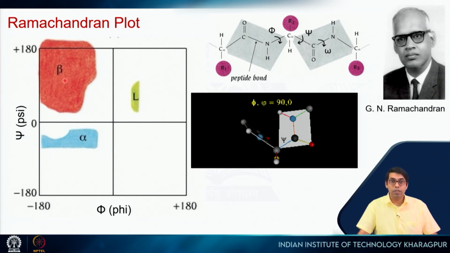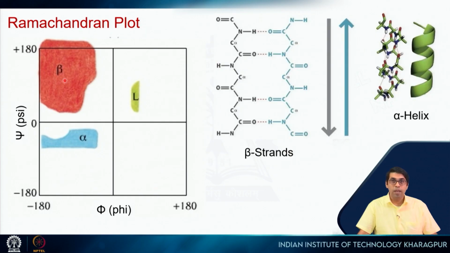When consecutive amino acids have torsion angles in this region, they form a spiral like structure which is called an alpha helix, and when consecutive amino acids have torsion angles in this region, they have an extended structure which forms beta strands. And of course, there can be loops which show up in other places. So, alpha helix and beta strands turn out to be what are called secondary structures of proteins.